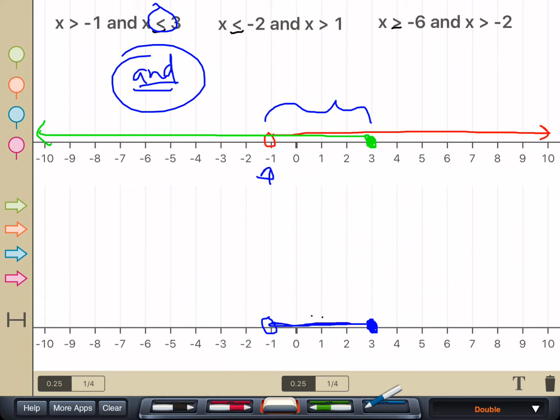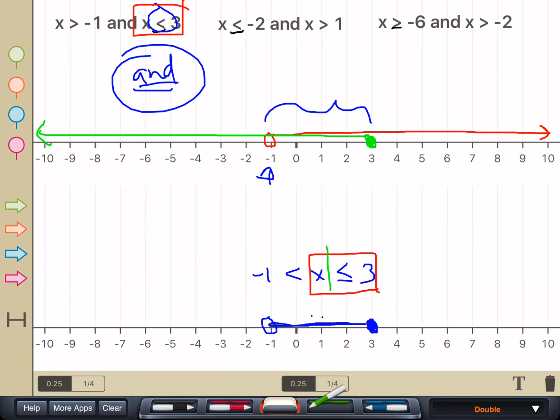Okay? And how we're going to write this is we're going to say, okay, -1, x, and 3. So in order to belong to this set, it has to be between -1 and 3. So it has to be less than or equal to 3, and -1 is going to be less than x. Now, what I want you to see is that this part of the inequality is exactly the same as what we have written up here.